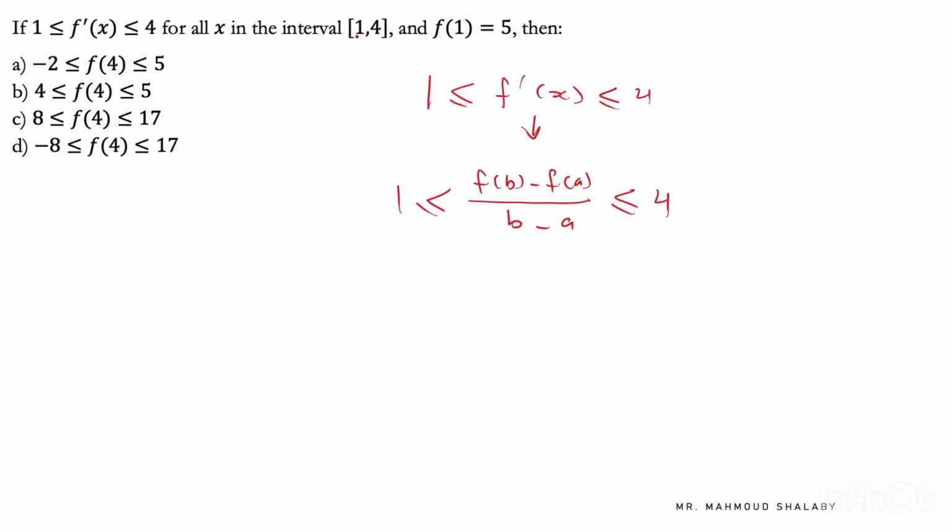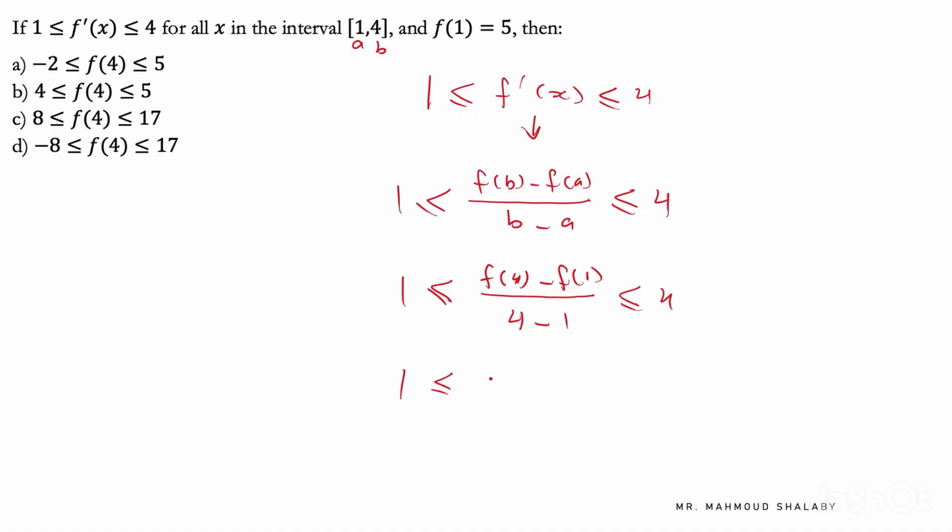That's it. Now I will go to the interval and I will write here a and b. Now let's substitute by things that we know. So it will be 1 smaller than or equal to f of b, which is f of 4, minus f of a, which is f of 1, over b, which is 4, minus a, which is 1, smaller than or equal to 4.